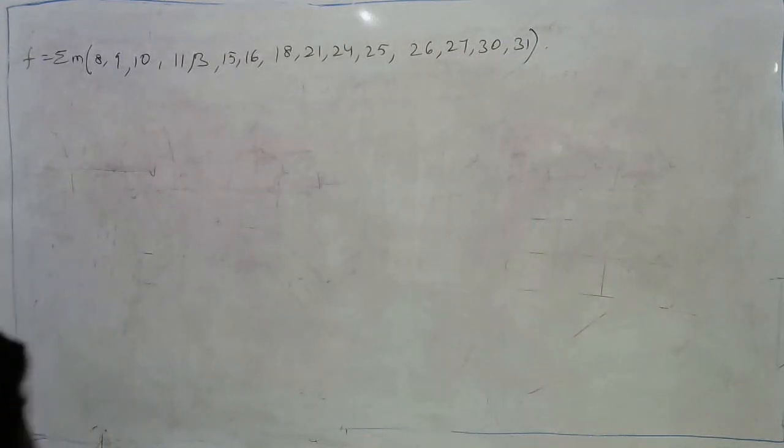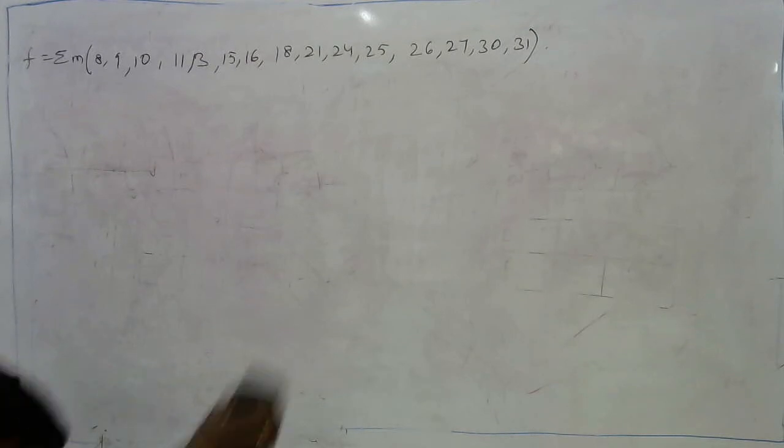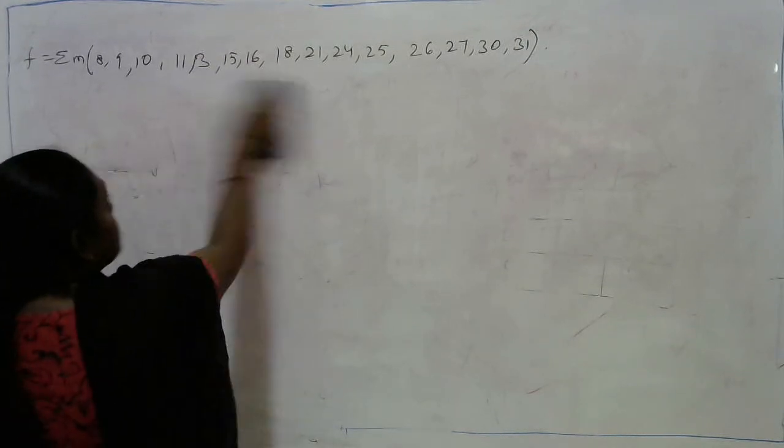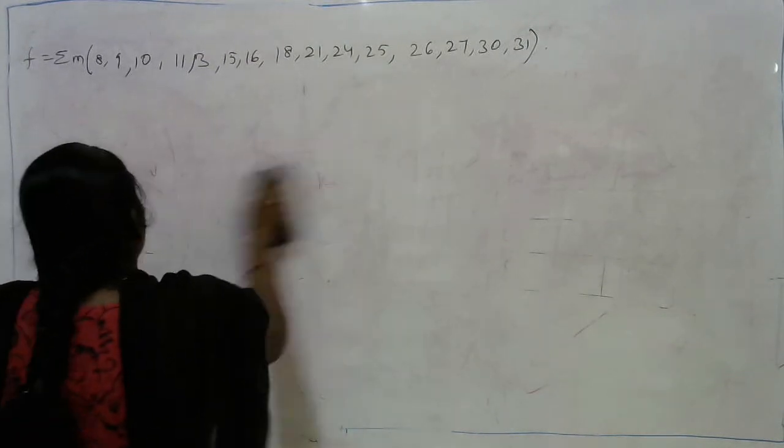So here the highest number is 31. In order to write 31 in binary, we require 5 digits. So here we need to draw the 5 variable K-map.